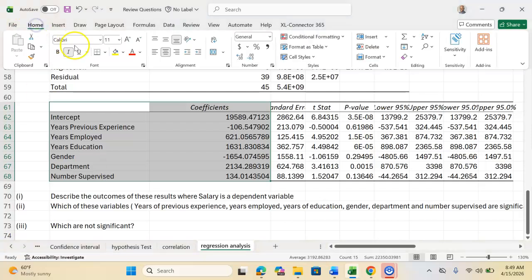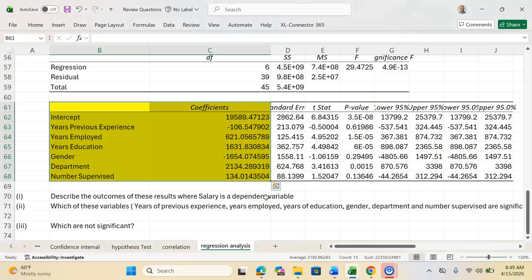Therefore, we are going to see which ones are significant and which ones are not significant. And that's for the second question: which of these variables are significant and which are not significant.